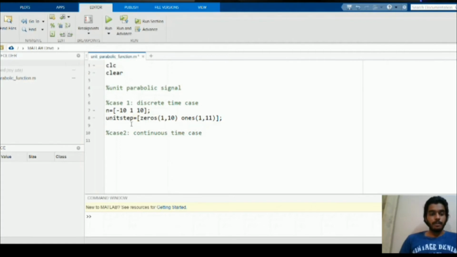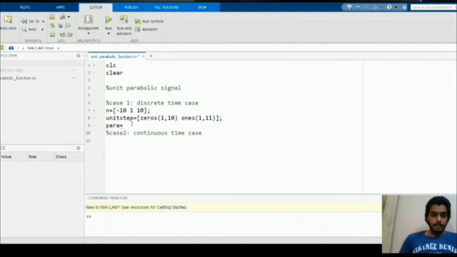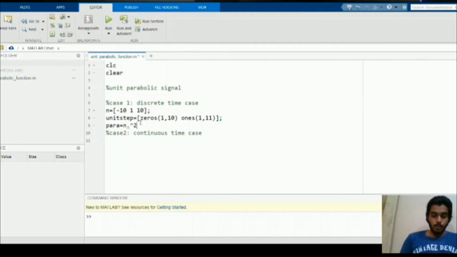Now we have defined our unit step function. Using this, we can define our parabolic function. Since it is the discrete time case, it will be n dot raised to 2 dot divided by 2, which is n square by 2, times the unit step. Now we have defined our unit parabolic signal.